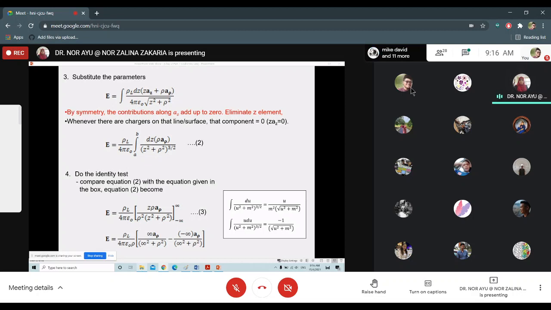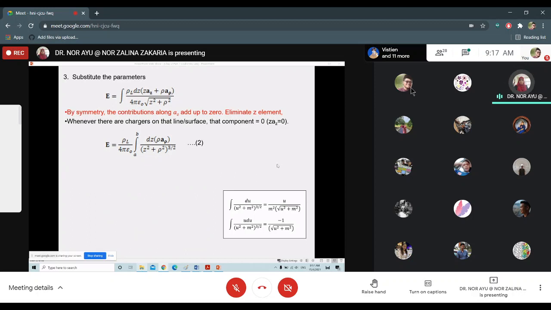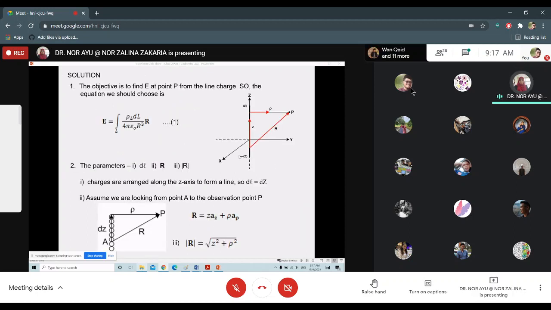Alright, so this supposed to have a square root. Okay, so please substitute inside all the values Z and row, and don't forget, ada square root, ada tertinggal square root kat sini. Okay, and then again you integrate from negative infinity to infinity, because daripada gambar we can see here from negative infinity to infinity, ataupun soalan dia infinite.